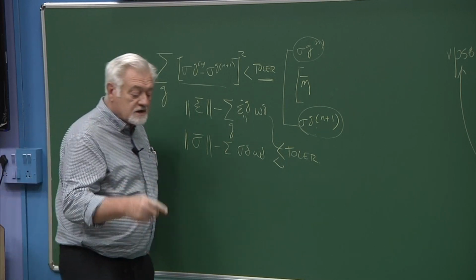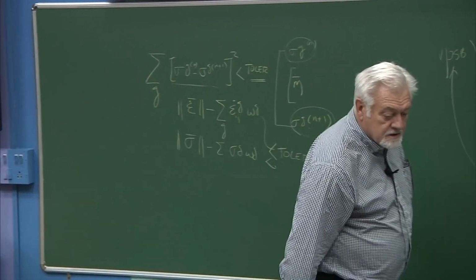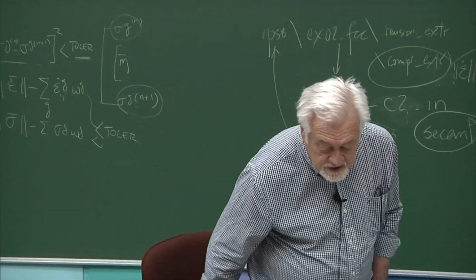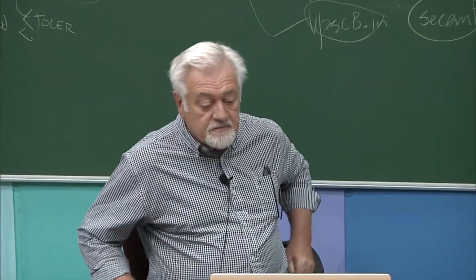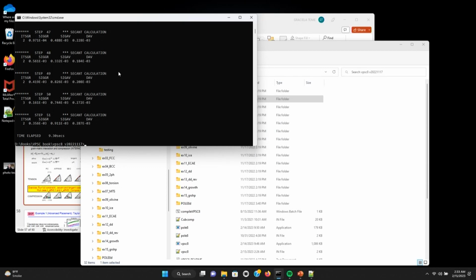So those are the three criteria that you see in this file, those three numbers. It gives you an idea of how the code is converging and in how many steps. This number is just the number of steps it took to converge.